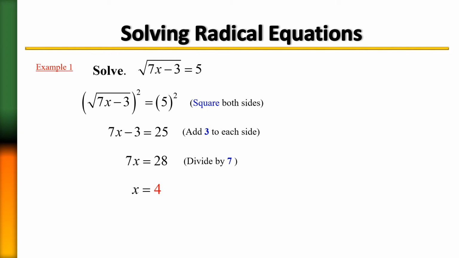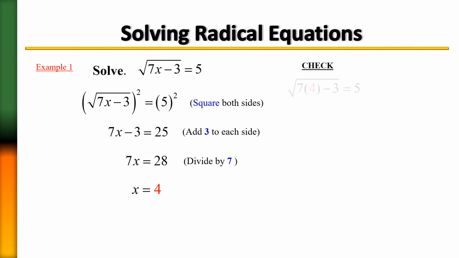Now let's go ahead and check out our solution. It is always a good idea to check out your solution because not all solutions are the solution. Some solutions are extraneous solutions that we have to throw out. So you have to do that last step of checking. So since we said that x equals 4, let's plug that back into our original equation in place of x and see if it checks out.